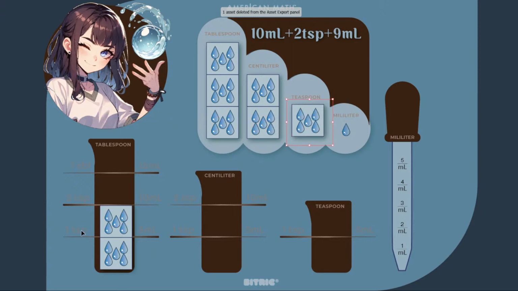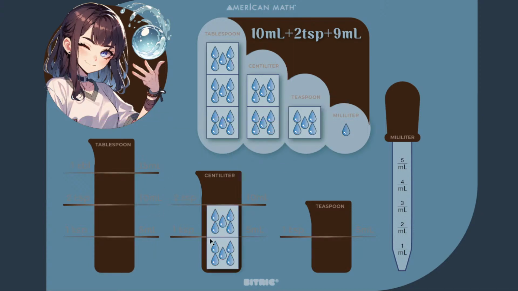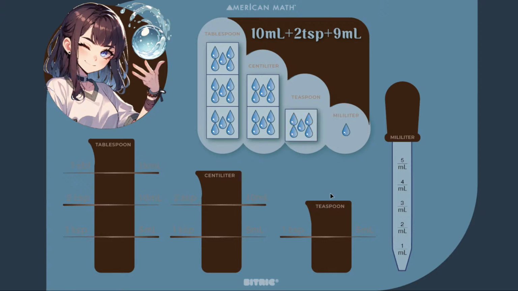All right, as we continue to jump into it, ooh, I got a little thing there that I gotta change. There we go. Okay. We're gonna jump straight into it today with some puzzles that are 3 add-ins, adding together our teaspoons, our milliliters, and centiliters, so on and so forth.